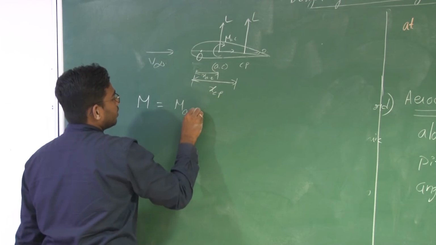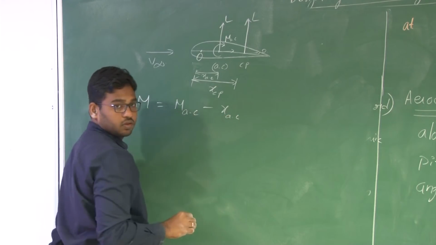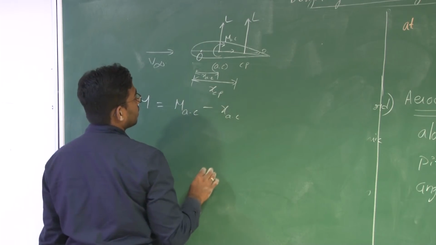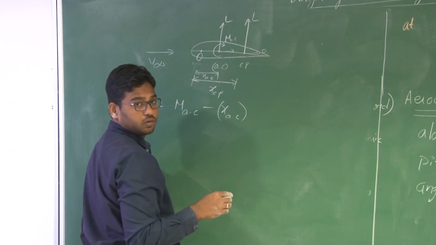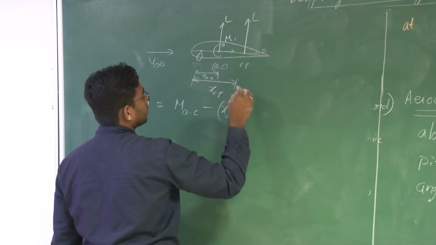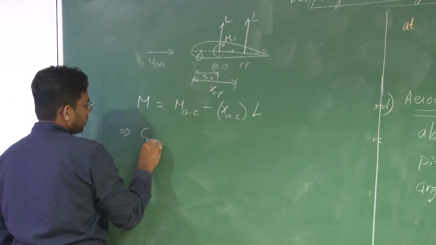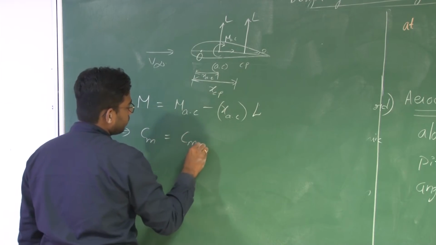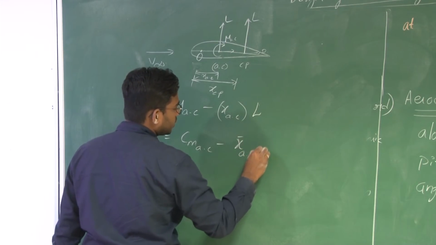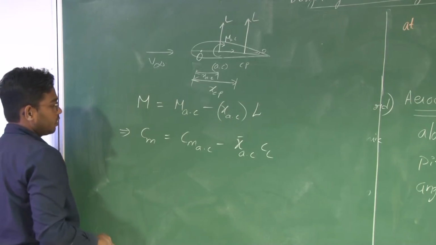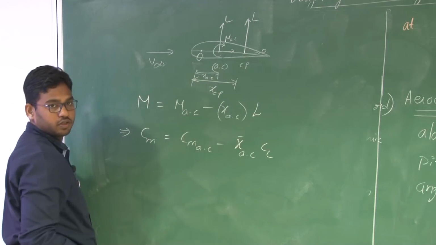The moment about the aerodynamic center minus XAC into L. This equals Cm about point O is equal to Cm AC minus x bar AC into CL. Now consider the moment about point O with respect to the center of pressure.